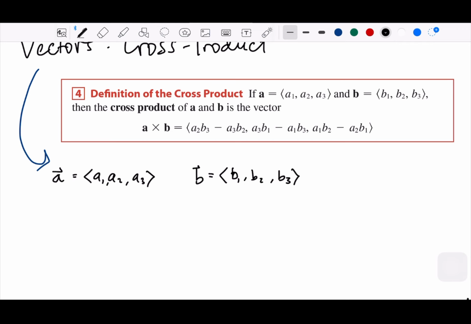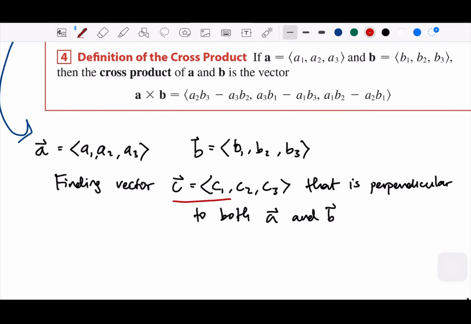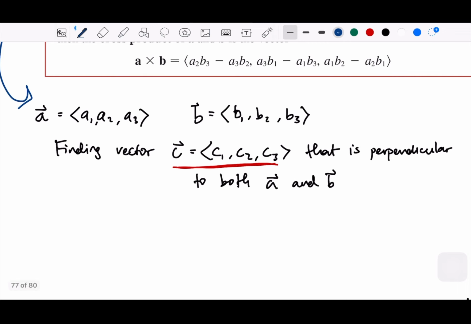And then we want to find vector C, suppose this is C1, C2, C3, that is perpendicular to both vector A and vector B. So the idea is we need to make this C perpendicular directly to A and also B. Based on what we have before, when vectors are perpendicular, we need to make sure that A dot C is 0, and also B dot C is 0.